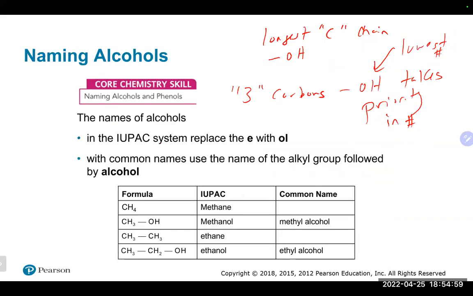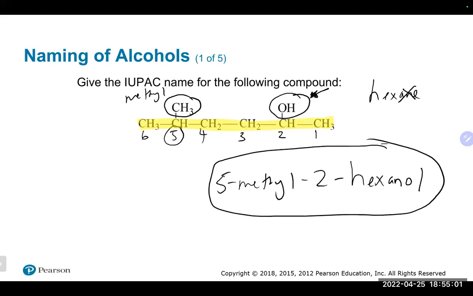If we look at maybe some of the ones we did here, for example, this would be the carbon that has the OH group attached. How many carbons are attached to that one? Directly attached is 2. This would be a secondary alcohol. Yeah. So that is a secondary alcohol, 1 carbon there, 1 carbon there attached to that carbon that has the OH group.